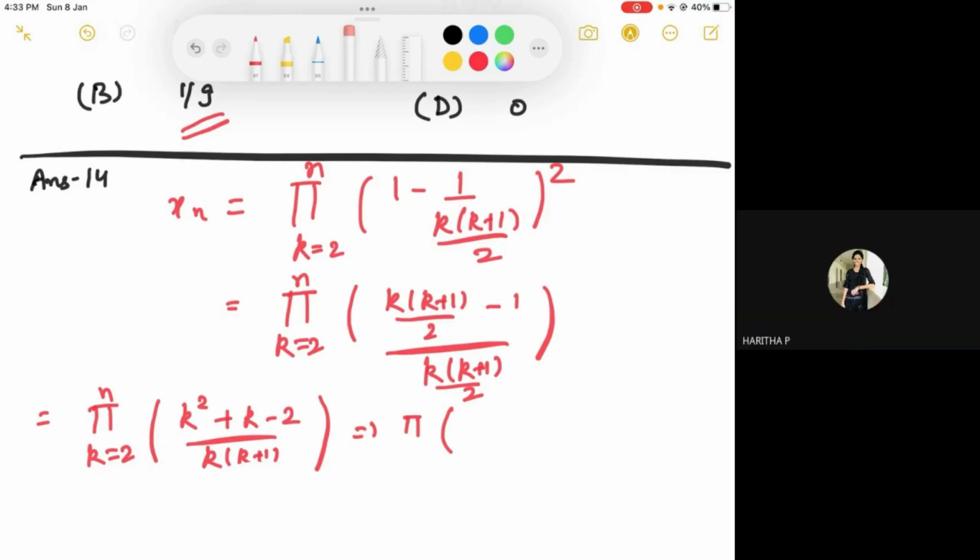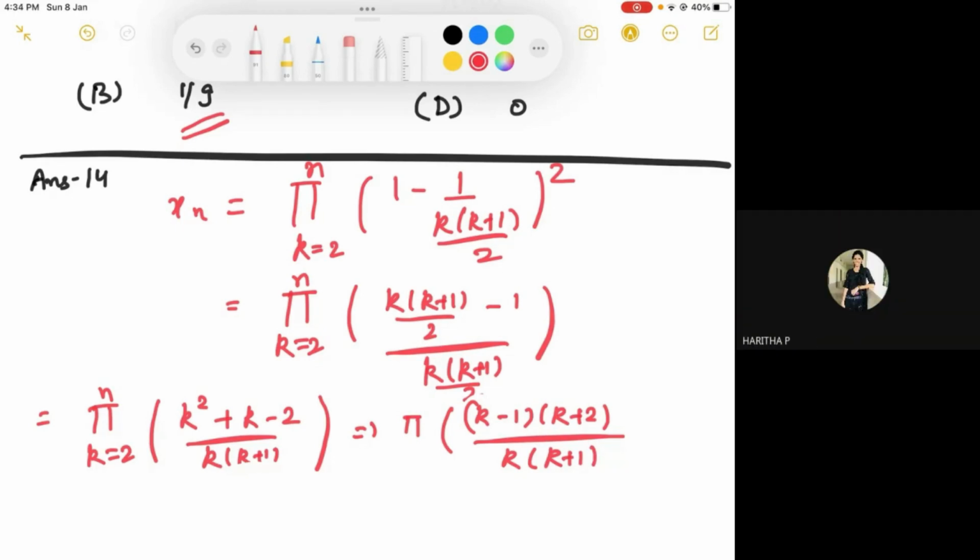Then we can split it as k minus 1 into k plus 2 by k into k plus 1. Is that correct? Yes, sir.